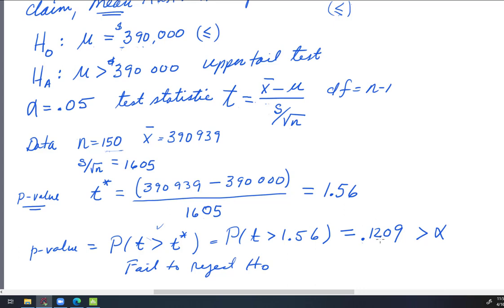That's not unusual. Unusual we defined as anything with a probability less than alpha, which we're using as 0.05 as we usually do. So this probability is not one that surprises us. It's greater than alpha, so we fail to reject the null hypothesis.